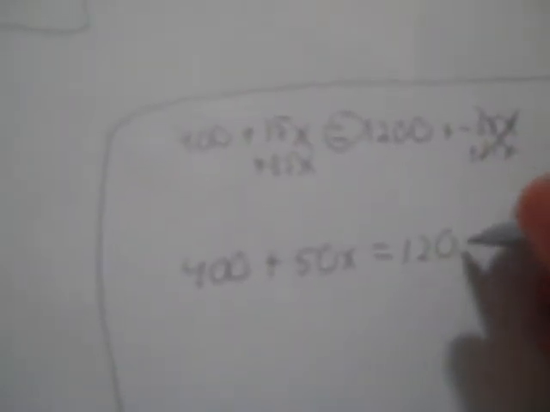Now again, we have multiple variables here, so we have to fix this little problem of having two x variables. They're on opposite sides, so we're going to balance the equation. I'm going to add 35x. On a story problem, I kind of like to balance the smaller one, so negatives. Plus 35x. So I've got 400 plus 15 plus 35 is 50x, and then equals 1200.